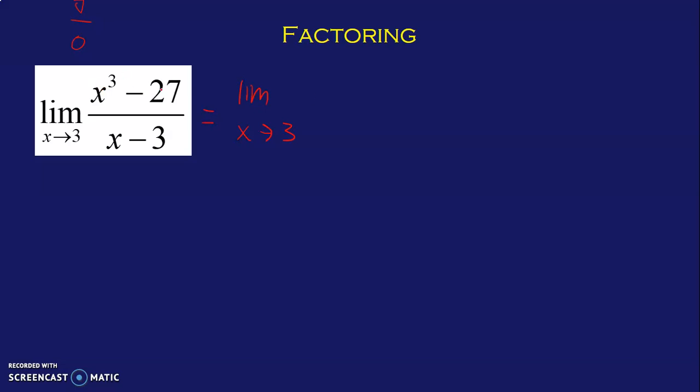We need to try to simplify this original function or find the extended version of it. So if you have a cubic and you have a sum or a difference, you can use the SOAP formula. Same sign, opposite sign, and then the last sign is always positive. So in this case, it would be x minus 3, and then the opposite sign, so the next sign is going to be a plus, and the last sign is always positive, so that's going to be a plus as well. It's a minus b, and then a squared, ab, b squared.